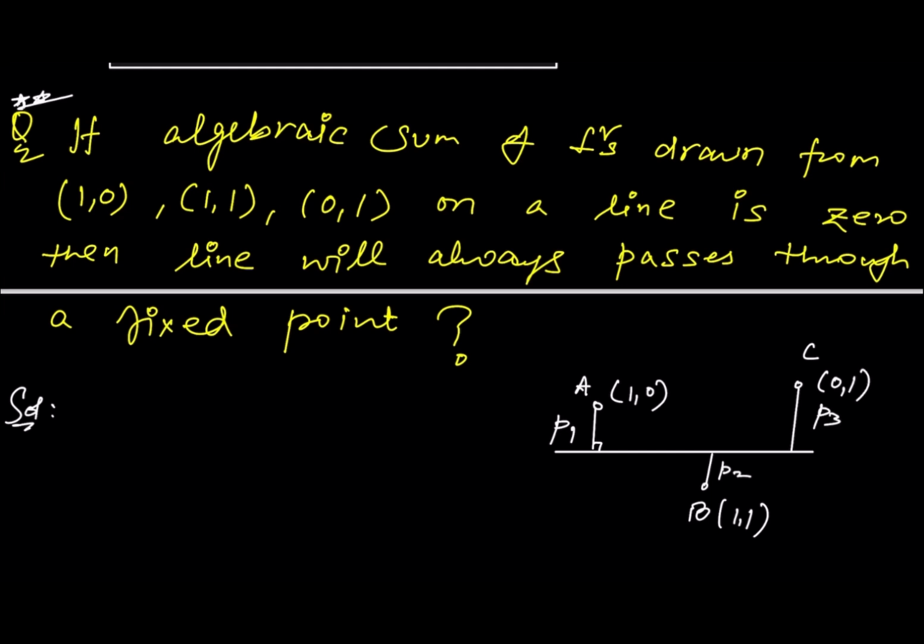According to the question, the algebraic sum, which means we need to take the sign, so P1 plus P2 plus P3 is equal to 0.